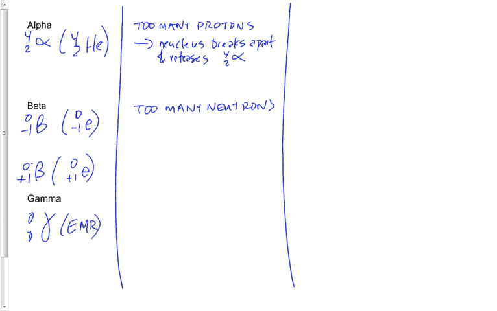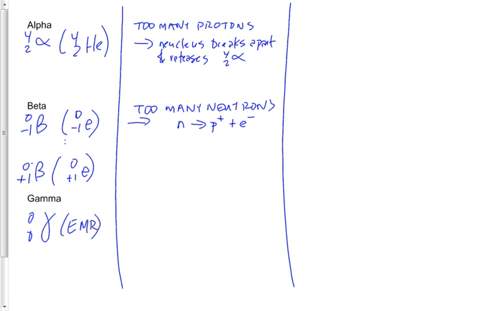Now here's the crazy thing that happens. You get too many neutrons, what do you do? Well, you don't give off a neutron. Beta particle is not a neutron. What you do rather is change a neutron. A neutron is actually converted to a proton and an electron.